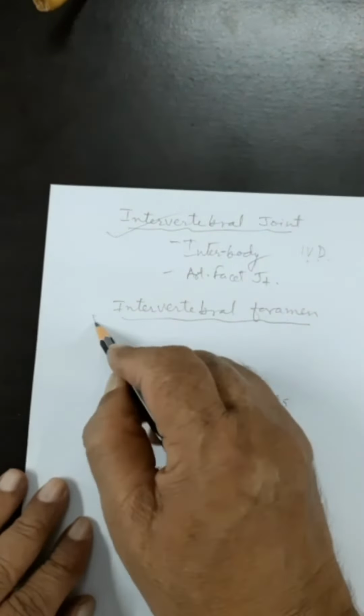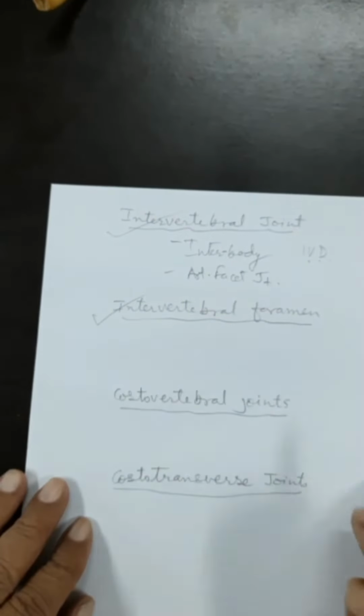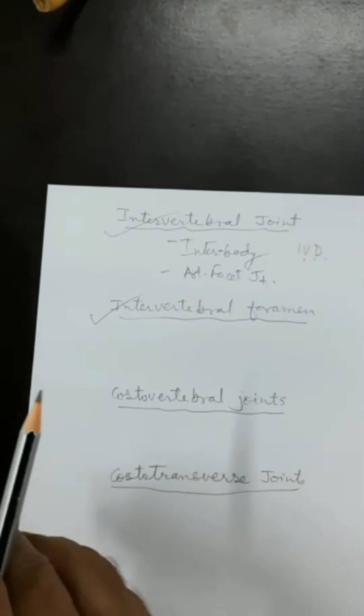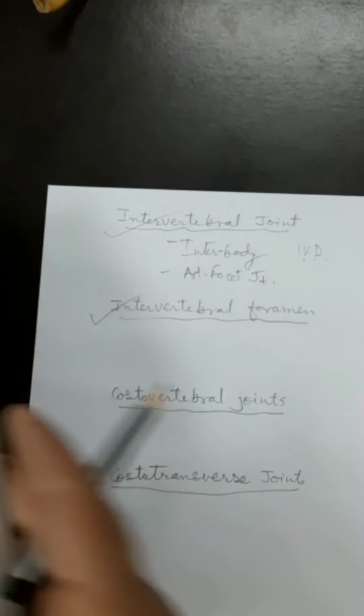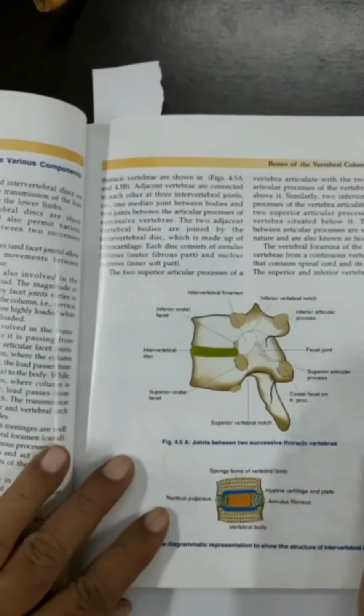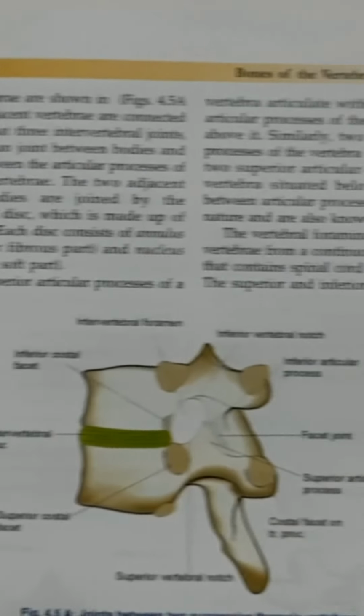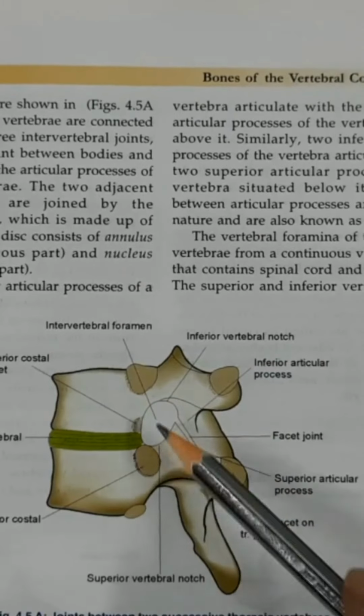Let us come to this aspect of the vertebral column, the intervertebral foramina. Partly I have shown you the intervertebral foramina. Now I will tell you its boundary. Let me just enlarge or zoom it. So we have zoomed this intervertebral foramen.